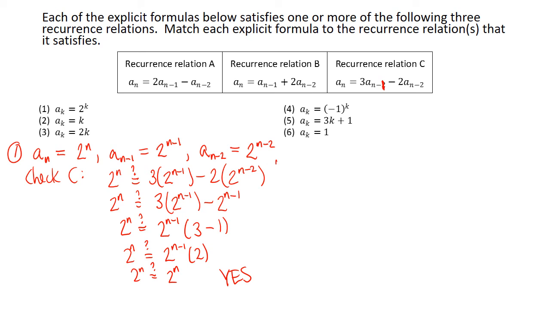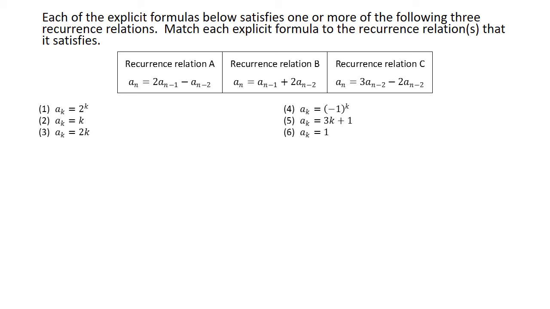Okay, let's look at number 2. For number 2, again, I'm just going to write out what a_(n-1) and a_(n-2) would be. So this one will be just n, and then a_(n-1), plugging in n minus 1 for k, so that's that, and then a_(n-2), plugging in n minus 2 for k this time.